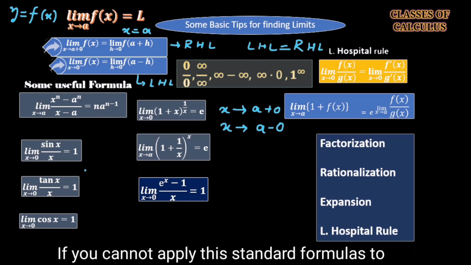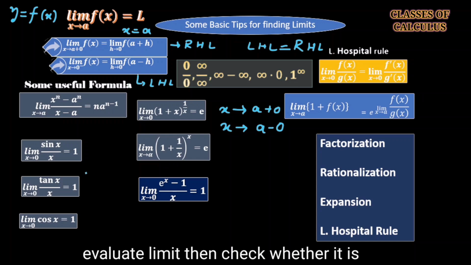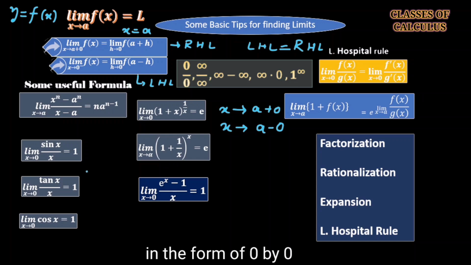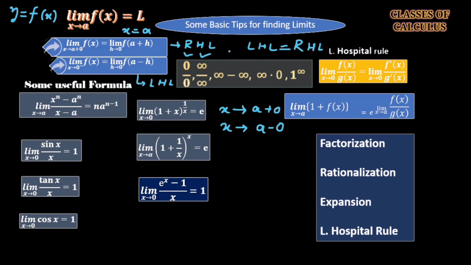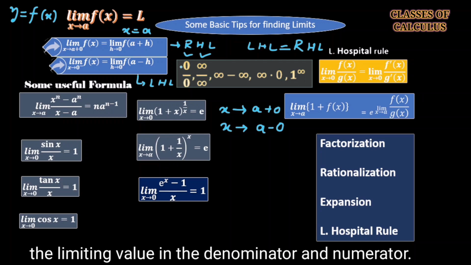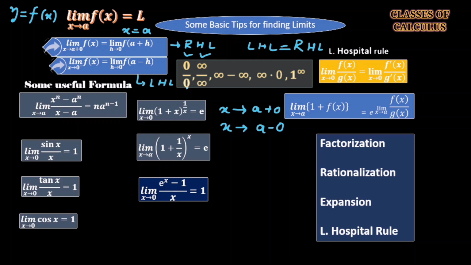If you cannot apply these standard formulas to evaluate a limit, then check whether it is in the form of 0 by 0 or infinity by infinity. You can check it very easily by putting the limiting value in the numerator and denominator.